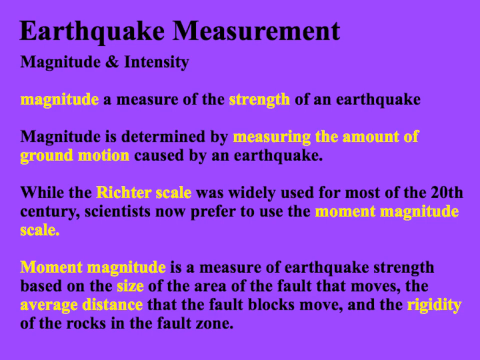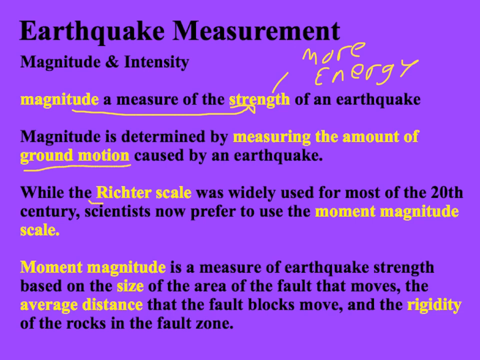Now when we measure an earthquake, we can measure it two ways. Magnitude, which is how strong the earthquake is. Magnitude deals with strength. The stronger the earthquake, the more energy. So more energy means more ground motion.